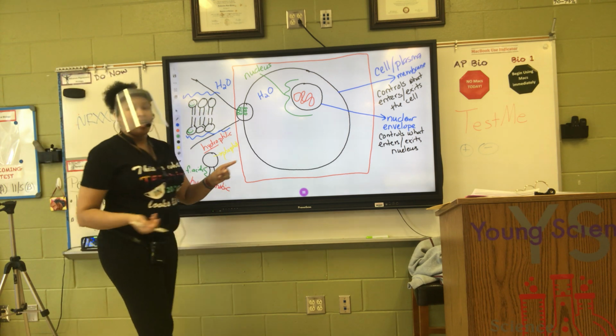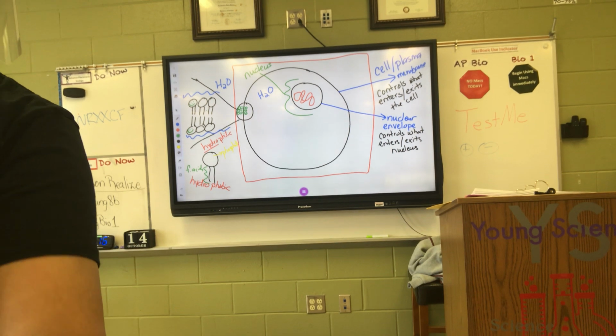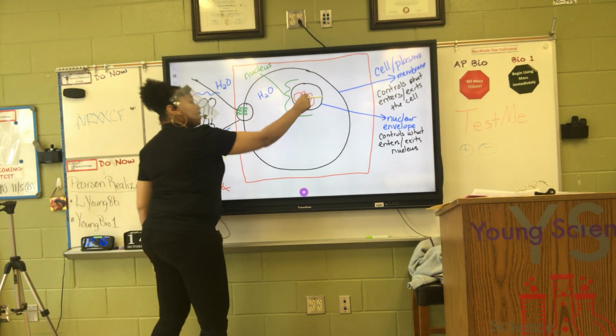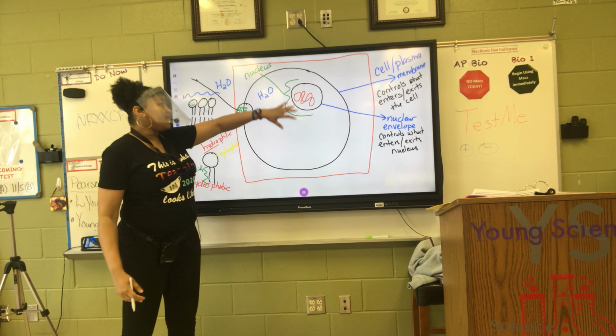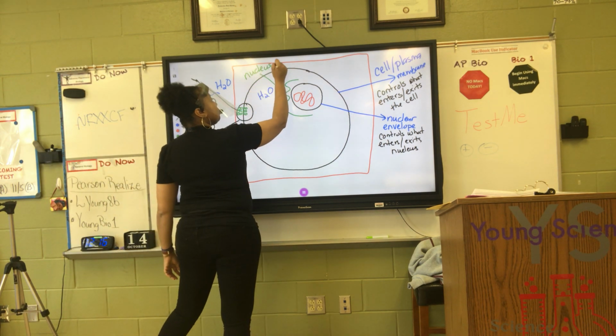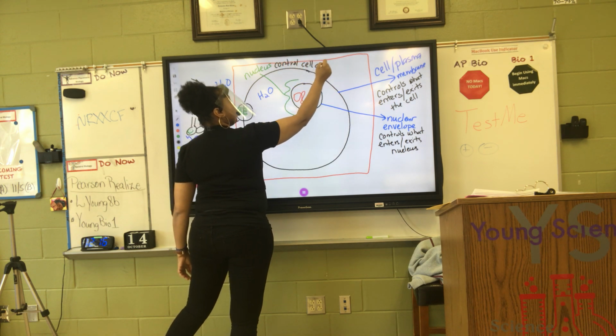That is correct. So, if the DNA is storing and transmitting genetic information, that means it's actually controlling what this cell does, right? And since the DNA is in the nucleus, that means the job of the nucleus is to control cell activities.